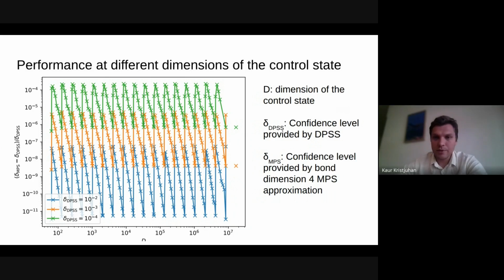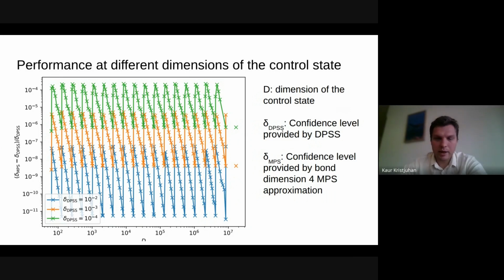But another feature that we see is this periodic pattern. What the periodic pattern is showing you is, first of all, the lowest values, the least error, occur at powers of 2. And the highest error occurs at just 1 dimension above a power of 2. Then this gradually decreases until the next power of 2.